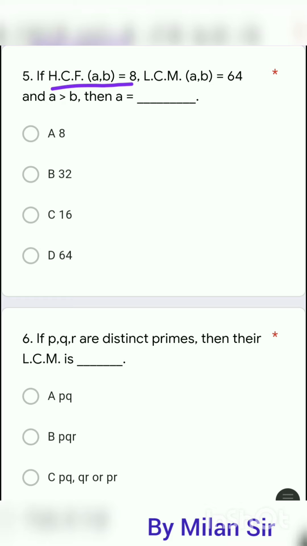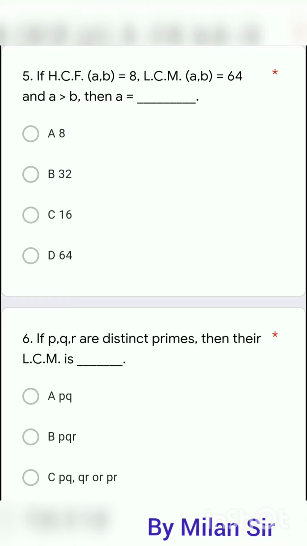After that, question number 5: HCF is equal to 8 and LCM is equal to 64. A is greater than B, then we need to find the value of A. That means we need to find the greater number here.